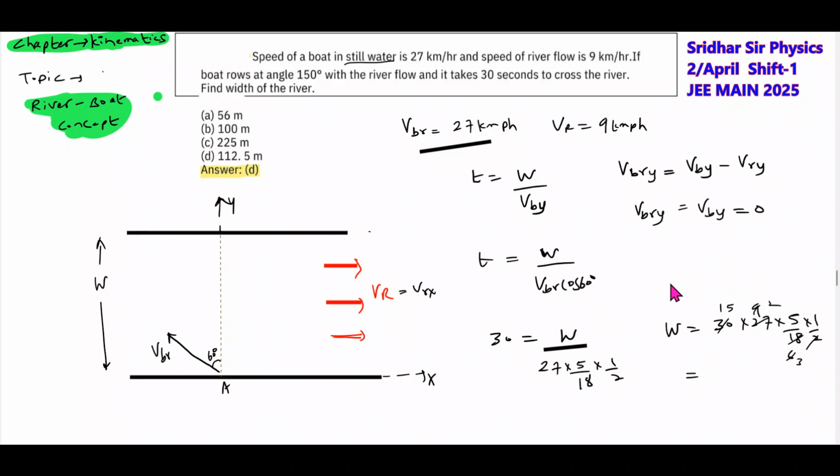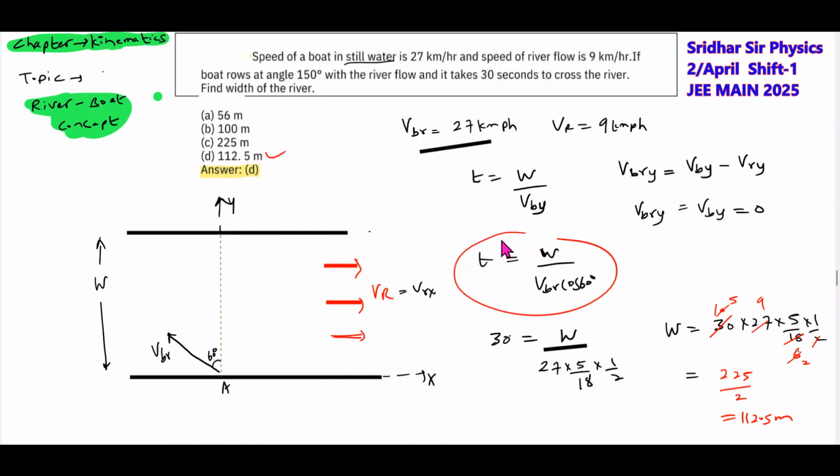Now the calculations: 10, 6, then further this will be 2, 9. So this will be 225 by 2, which is 112.5 meters.